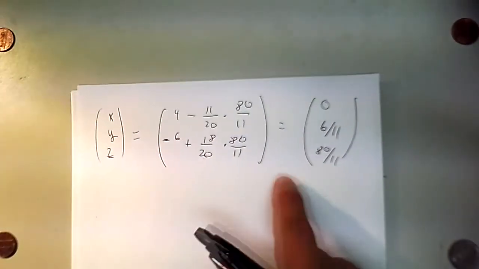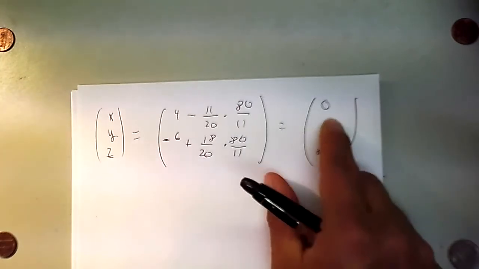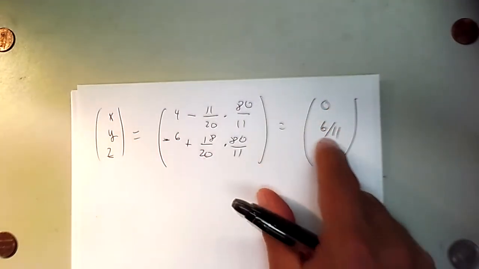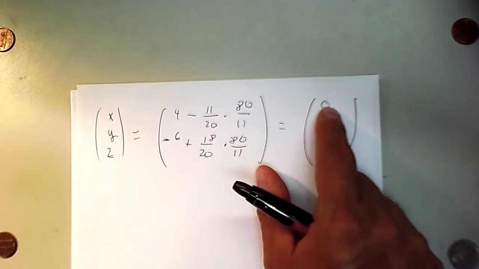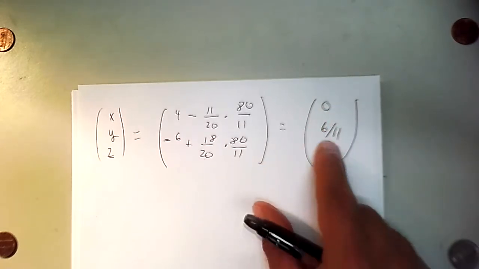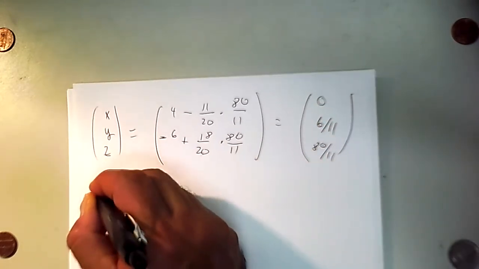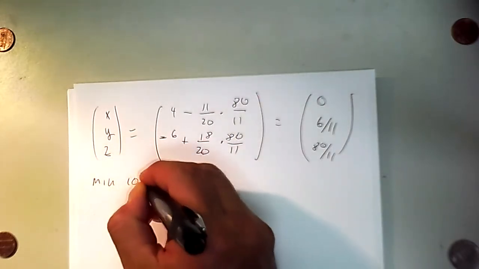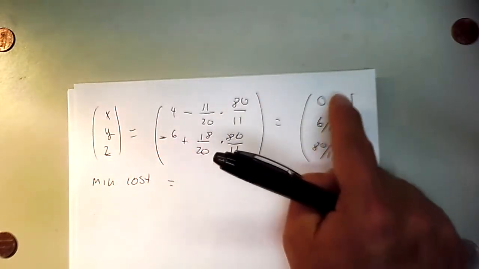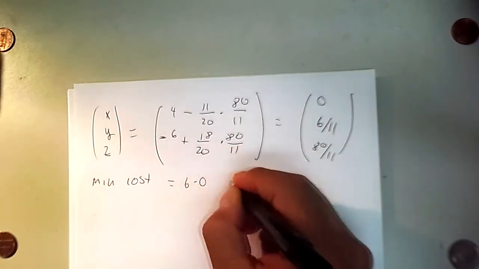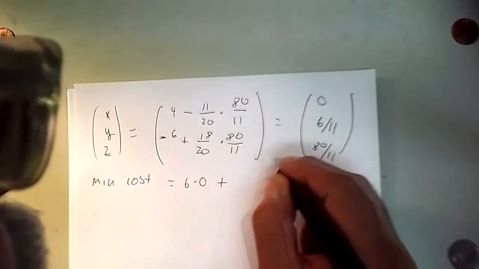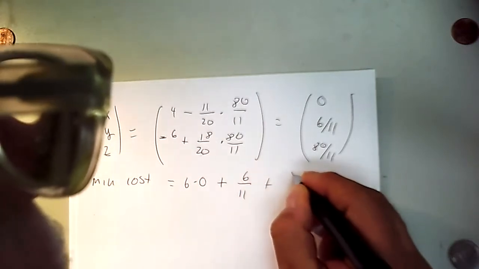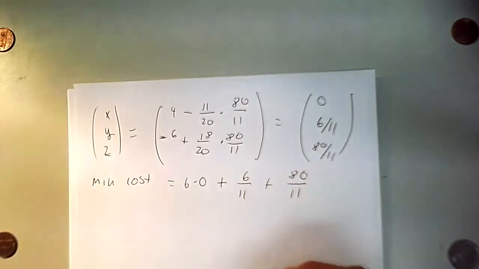So if the cost all of a sudden went to $6 here, $1 and $1, we're going to order 0 from that, and then 1 from each one of those. So the minimum cost under this cost structure is going to be 6 times 0, plus 1 times 6/11, plus 1 times 80/11.